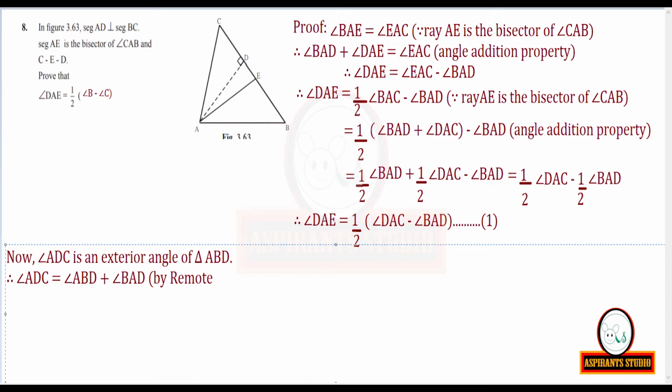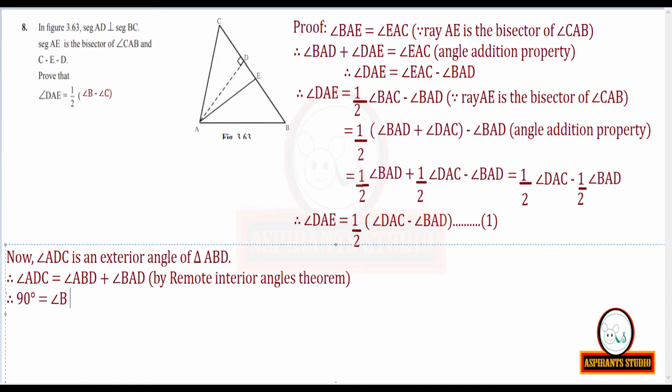So measure of angle ADC will be equal to measure of angle ABD plus measure of angle BAD, because ABD and BAD are the remote interior angles. So you have to write measure of angle ADC is equal to measure of angle ABD plus measure of angle BAD.